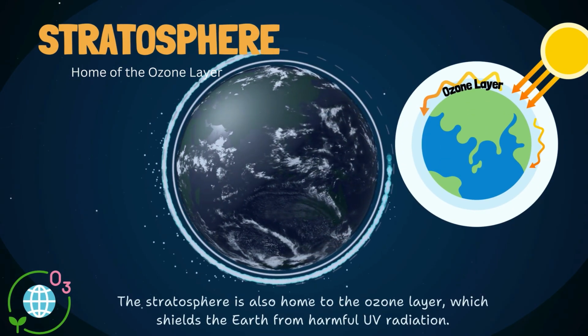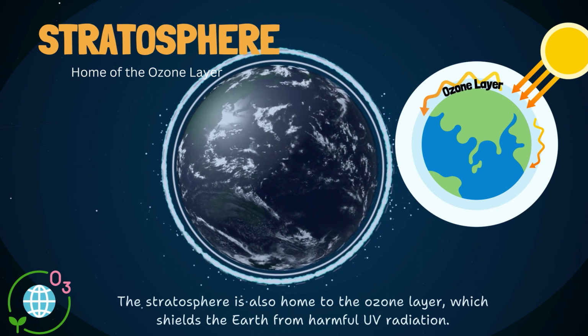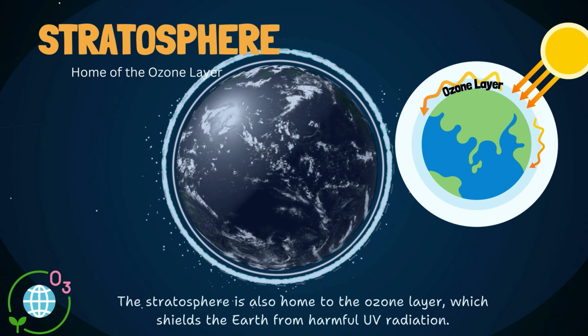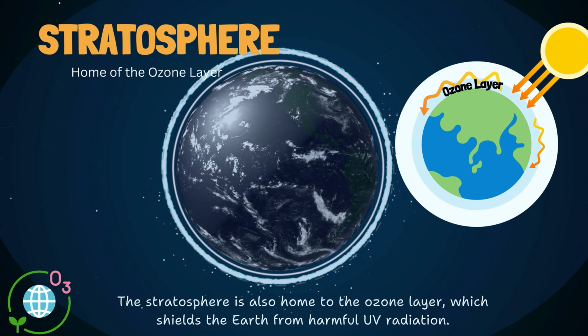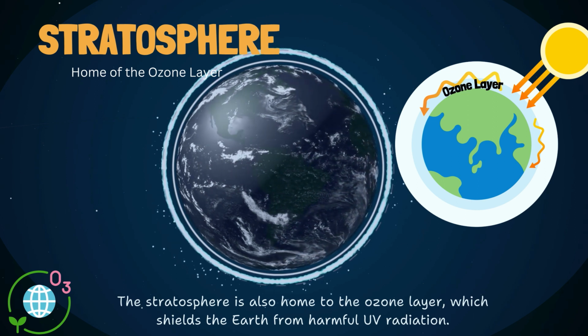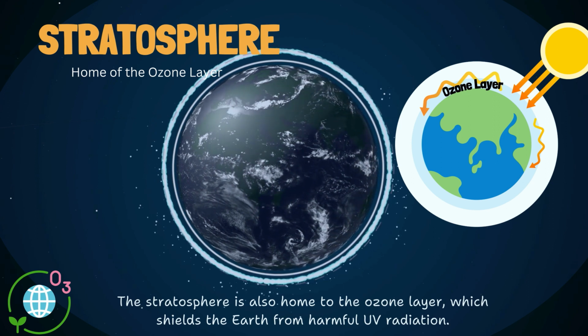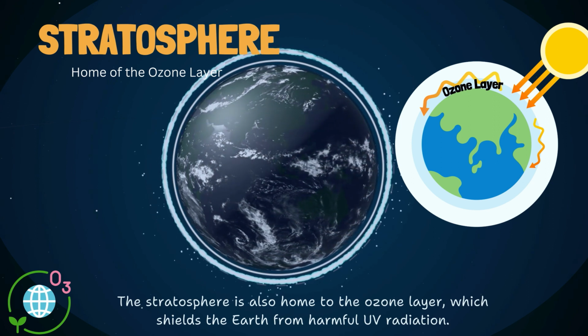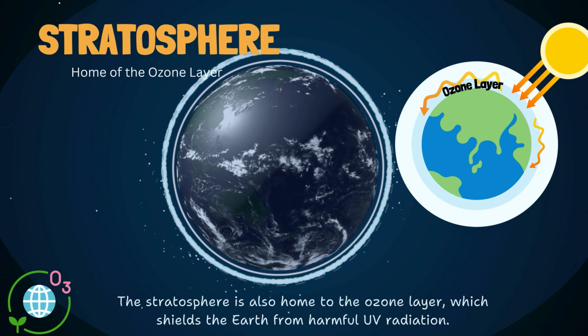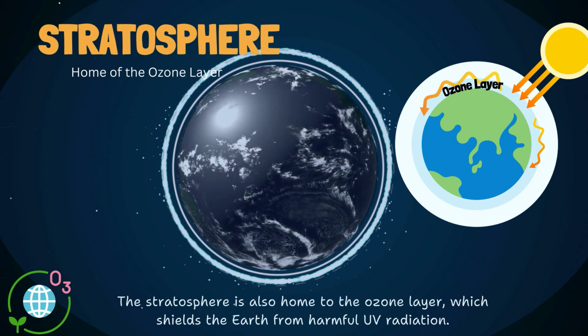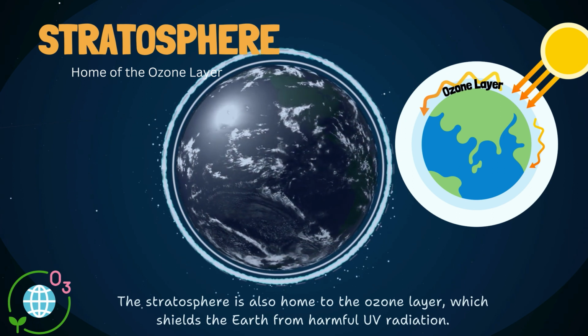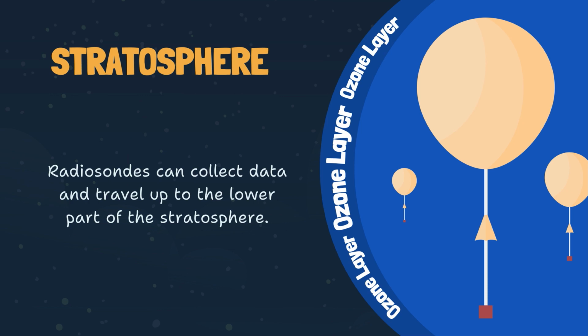This layer is super important because it contains the ozone layer. The ozone layer acts like a shield, absorbing harmful ultraviolet rays from the sun and protecting us from getting sunburn. Radiosondes can collect data and travel up to the lower part of the stratosphere.